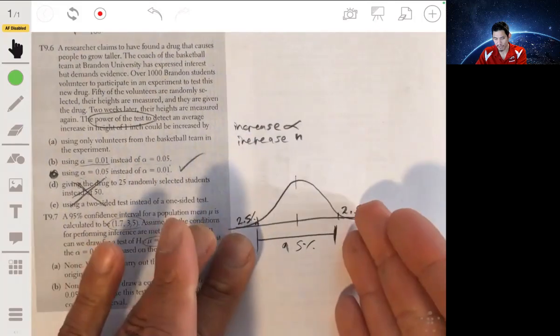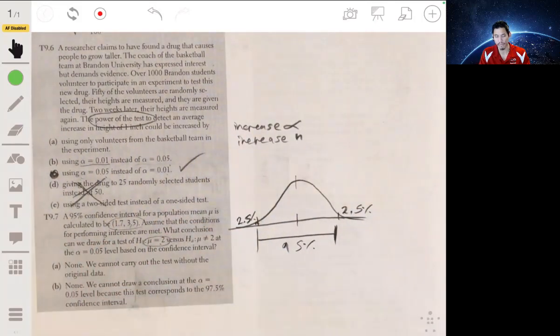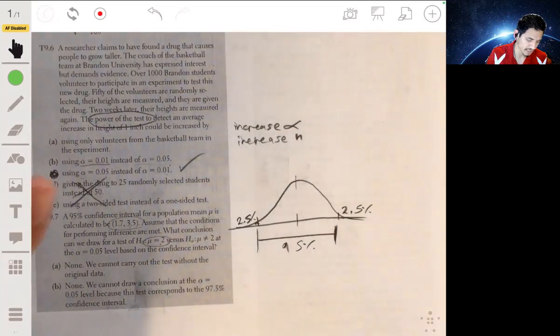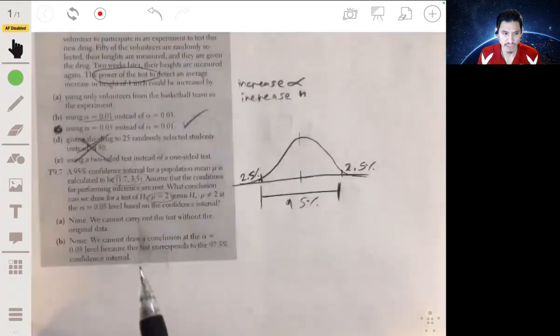Remember, the relationship is not perfect, but it's pretty close. The reason it's not perfect is that they use different values of the sample proportion, or in this case the mean, for the confidence interval. But that's a technicality we covered earlier, and it's not really necessary here. So let's go over what the answer would be.